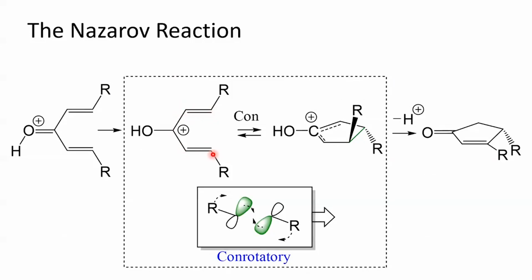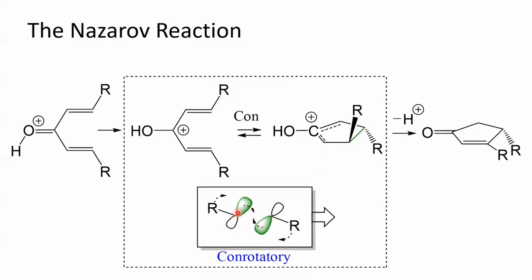From the Woodward-Hoffmann rules, we can assign this as a conrotatory electrocyclization reaction, and I've shown the transition state here for closing the ring. As you can see, we've got 2 pi orbitals that are in opposite alignment, and we're going to rotate them both clockwise, bringing these 2 green orbitals together to form this new bond.